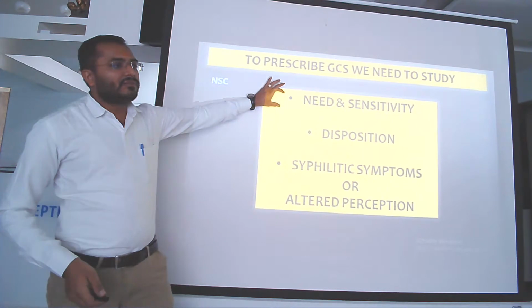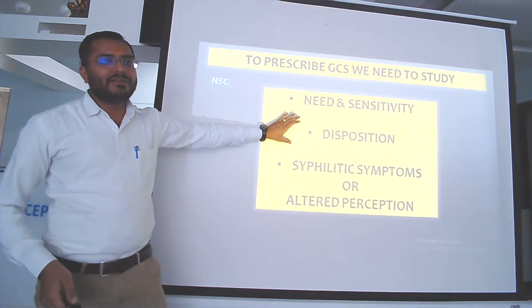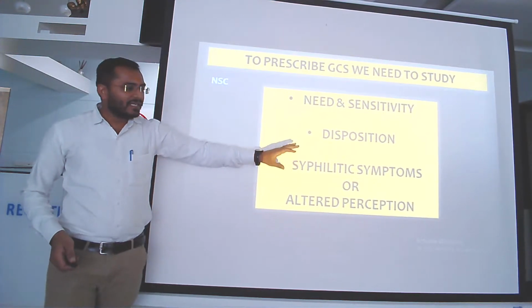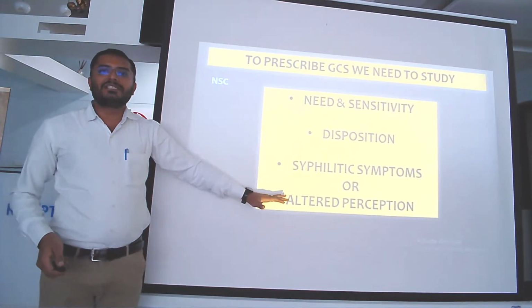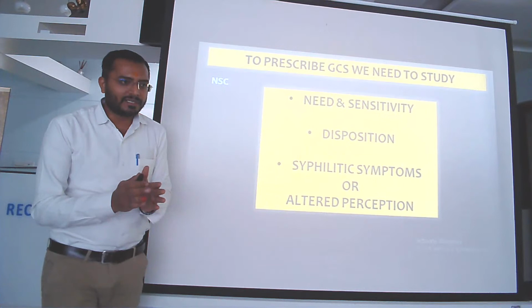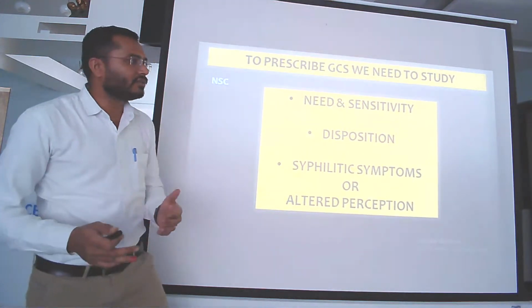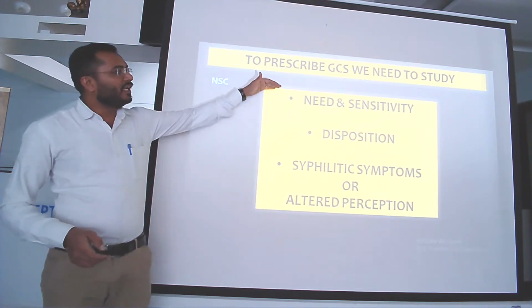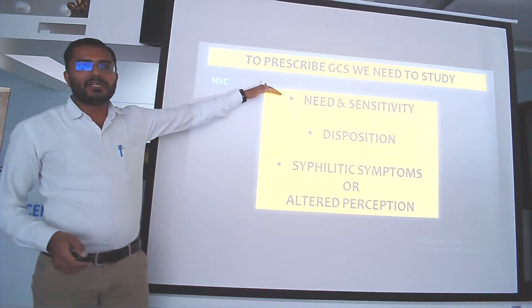This gives you a four-lecture series, followed by dispositions, and followed by syphilitic symptoms as well as the perceptions. So this is what we are trying to give you, sharing the knowledge with this process. So to give a GCS, we need to know these things. We are here at the first step.